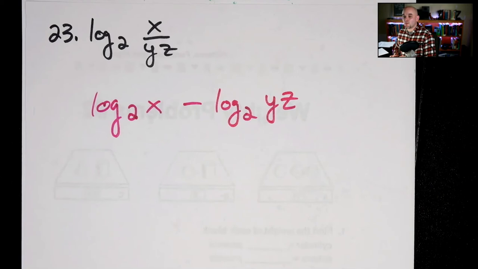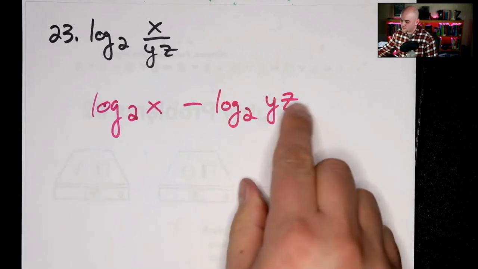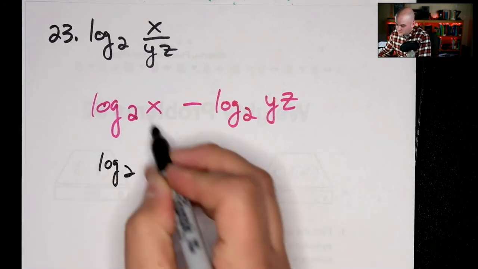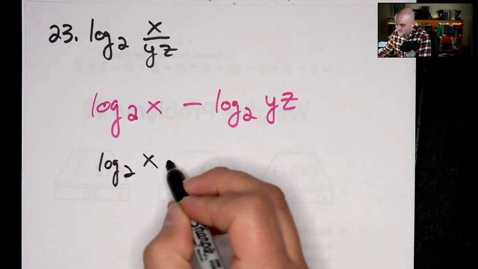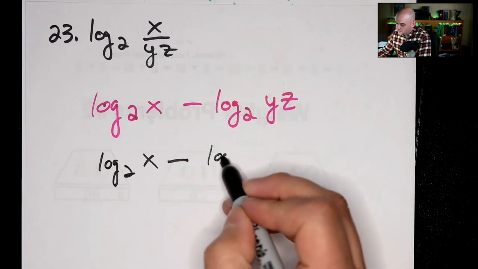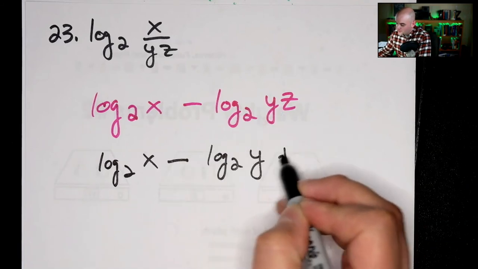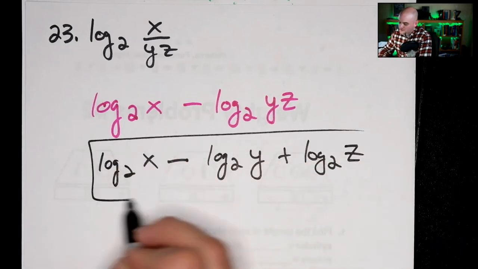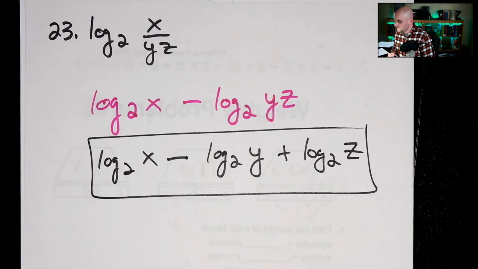Don't leave the problem right here because it can still be expanded. That right side there is y times z. I can write this as log base 2 of x minus the quantity log base 2 of y plus log base 2 of z. Now it's completely expanded, and I cannot expand it any further than that.